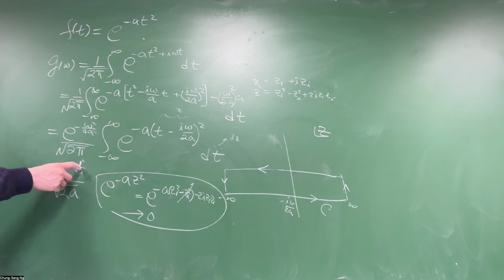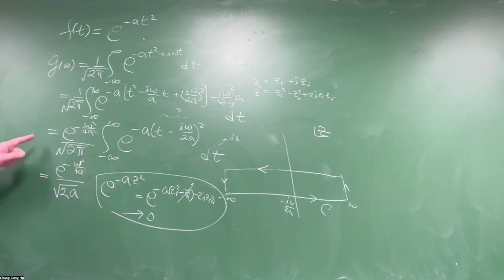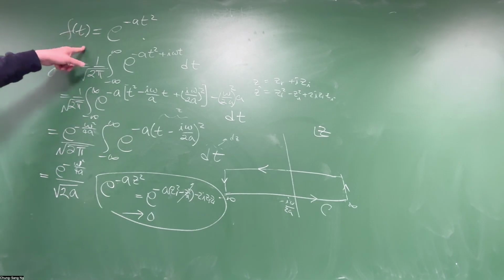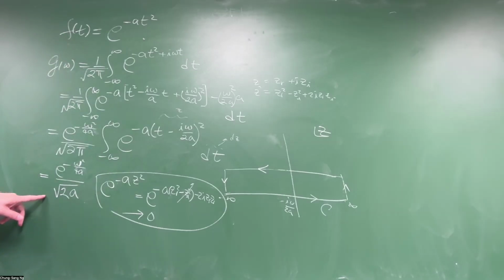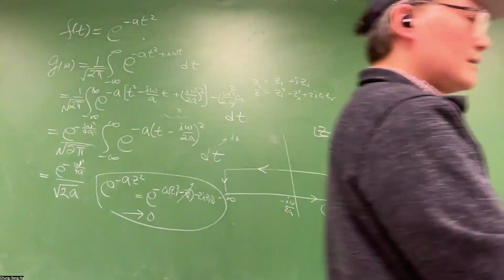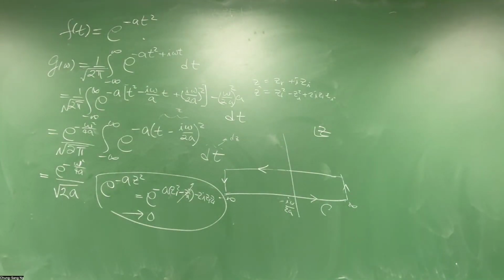But now this argument is different. This argument, minus 1 over 4a, is your new a in the Fourier transform, right? And then the inverse transform should recover this one, if you change omega to t, just doing basically the same thing. You can check what it is.